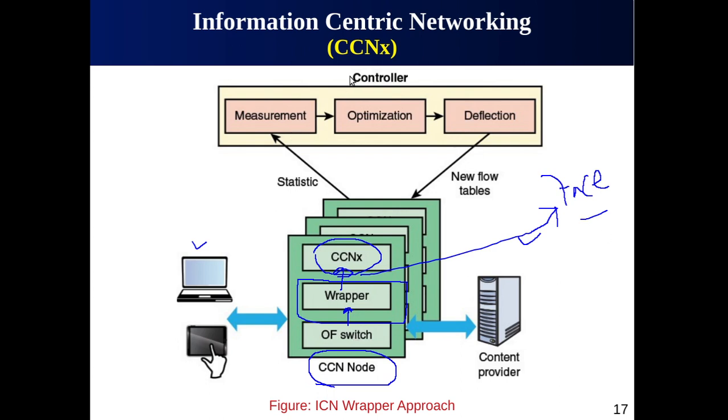And also we have the controller. The SDN controller has been modified with three different modules: measurement, optimization, and deflection. As we are talking about contents in information centric networking, content popularity can be measured for statistical purposes, like which contents are popular.